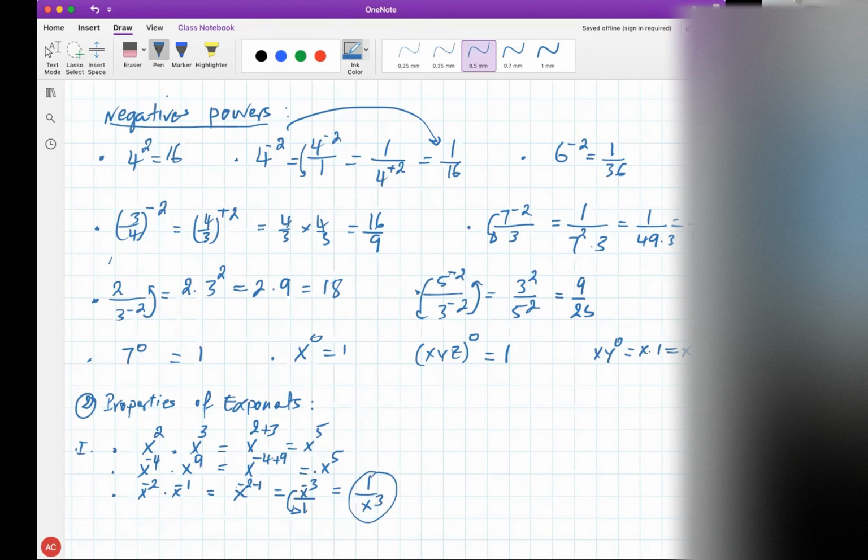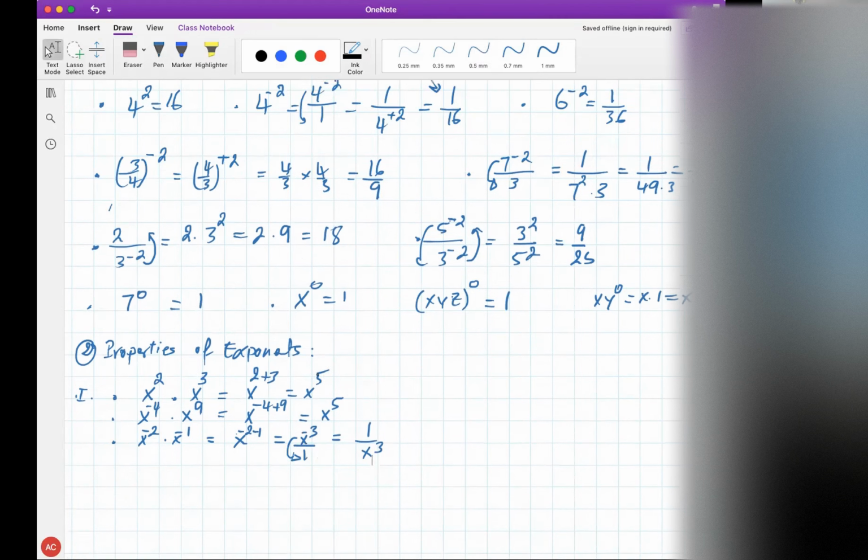So make sure your final answers have positive powers only. If you end up with a negative power, simply move it to the other side, just like we did here. If it's down, move it up. If it's up, you move it down to make it positive. So your answers should only have positive powers. That's important.